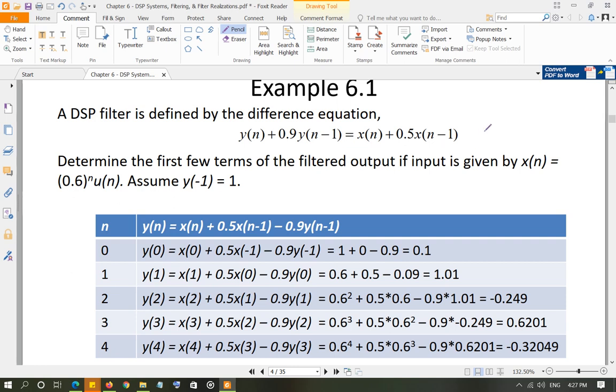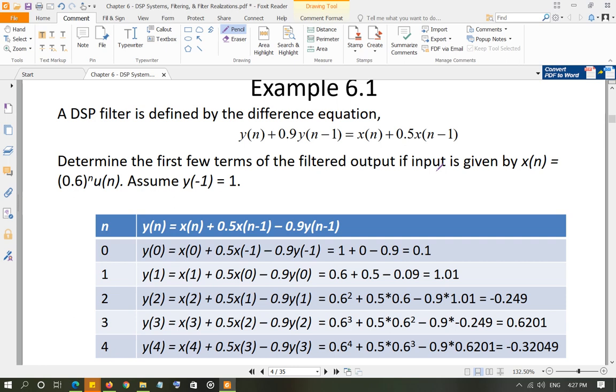So for example, if you have x of n minus 3, then you will have 3 poles when you take the z transform, as you will see in one of the examples, and you're going to do problems as well. So if your system is finite impulse response, from H of z you will have multiple poles, but only at z equal to 0, not at any other point. So that is a finite impulse response system.